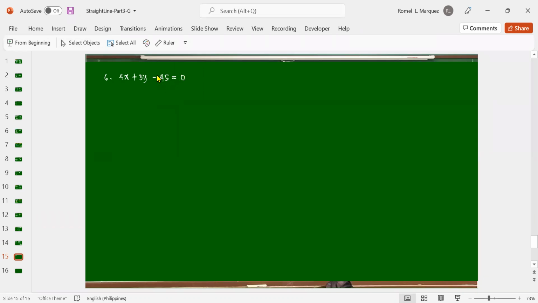So let's have plus 45. So first we compute for the radical, and what's the sign? Same sign as B. So positive. 4 squared plus 3 squared. That is positive square root of 16 plus 9. So that is positive 5.